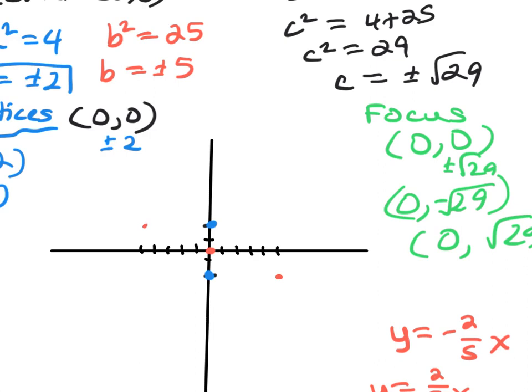Either way, connect the dots, make your first asymptote. Then I'm going to graph the positive 2 over 5x, up 2 to the right 5, or down 2 and to the left 5. Either way, remember when the slope is positive, it needs to rise from left to right.